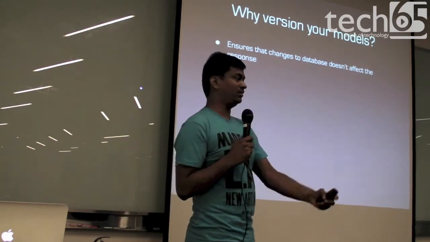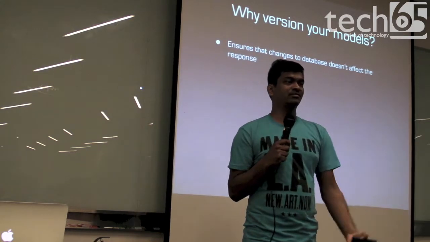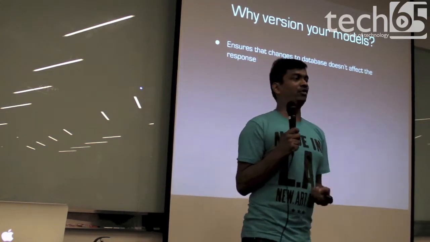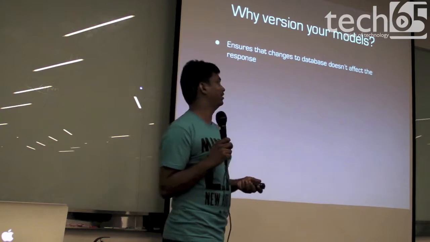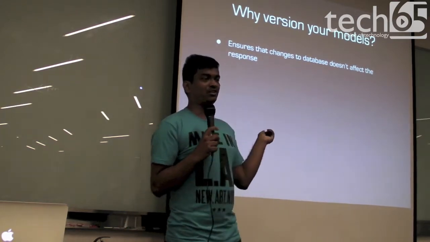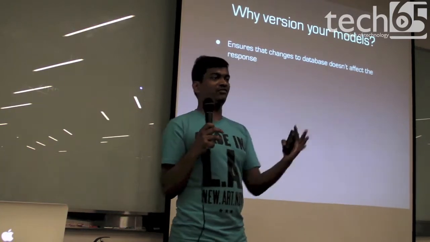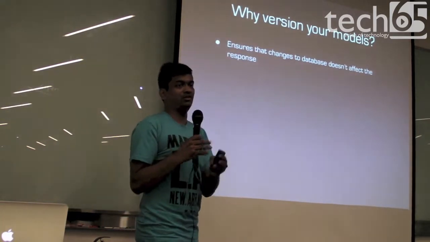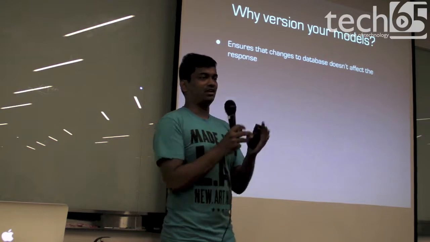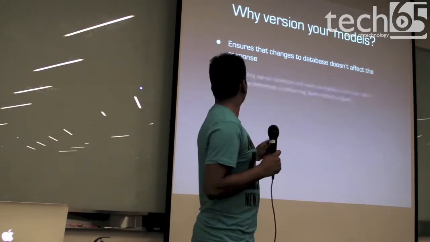You said, I'm going to send first name and last name. You should not remove them altogether at one point of time. This ensures that does not happen because you version top-level models separately and fill in information from your database. You have a kind of abstraction, a separation of concerns.